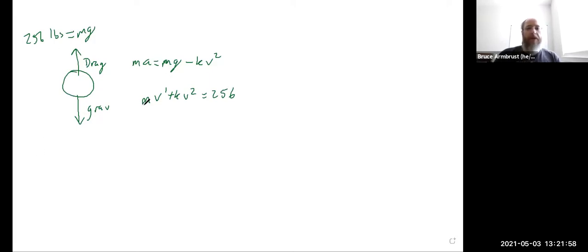All right, now we are going to need to find the mass. And so the mass is going to be 256 divided by g. And in our system, g is 32 feet per second squared. So that's going to be 246 over 32, which, what goes into that? 4 goes into that? No. 4 does not go into that. 2 does, though.